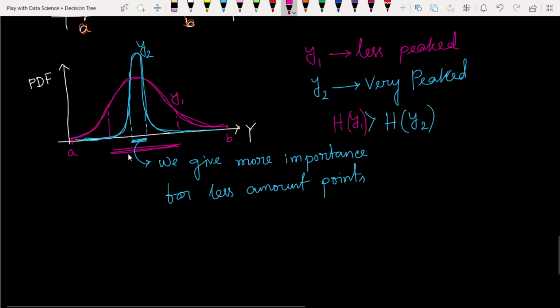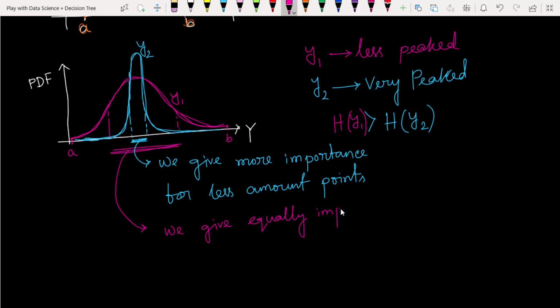And in the other case we give equal importance to the maximum number of points.